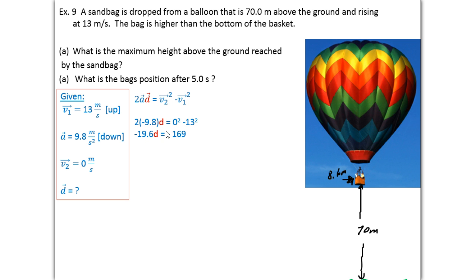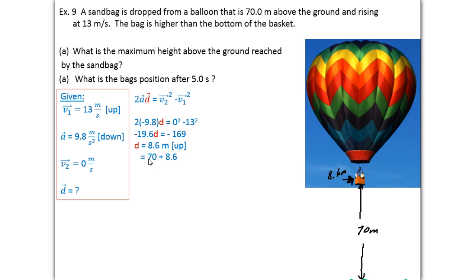Okay, so 2 times 9.8, you had 0 squared, it's 13 squared, and remember the negative gets tagged along. You're not squaring the negative here. So 169 divided by 19.6, and negative divided by negative will give you a positive. So the sandbag will move up 8.6 meters before it starts to fall down.